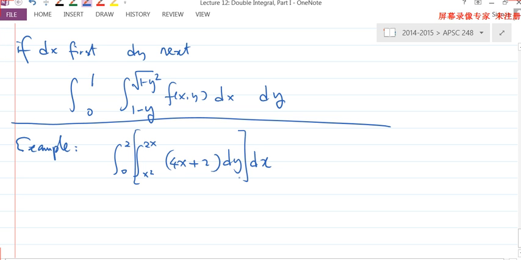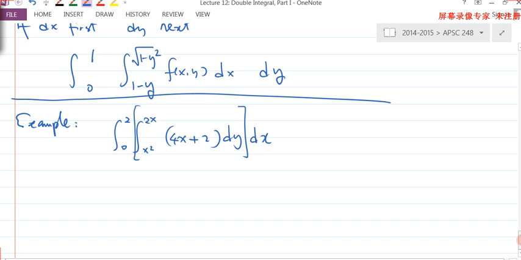But one of the skills you need to have is, can you sketch this region R, or the shadow, based on this layout of the double integral?